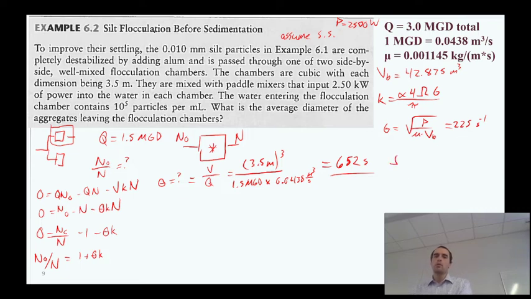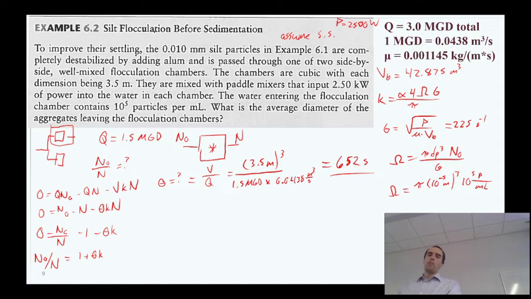Then we need the flock volume. That was going to be pi times the diameter of the particle cubed over 6 times n naught. So that's pi times dp, which was 10 to the minus 5th meters, converted to meters, and we have to cube that. Then we multiply by the initial number, 10 to the 5th particles per milliliter.